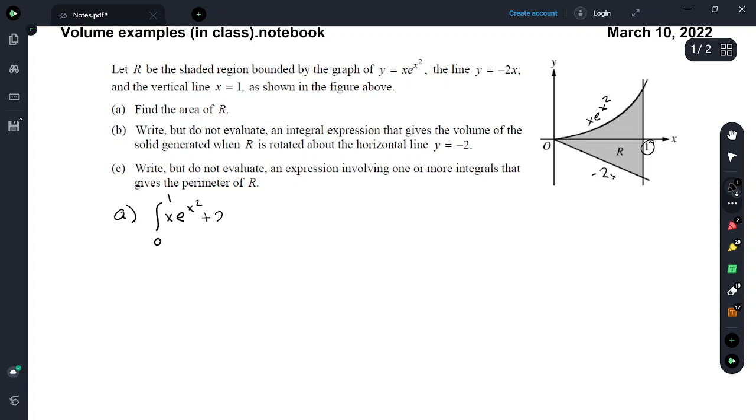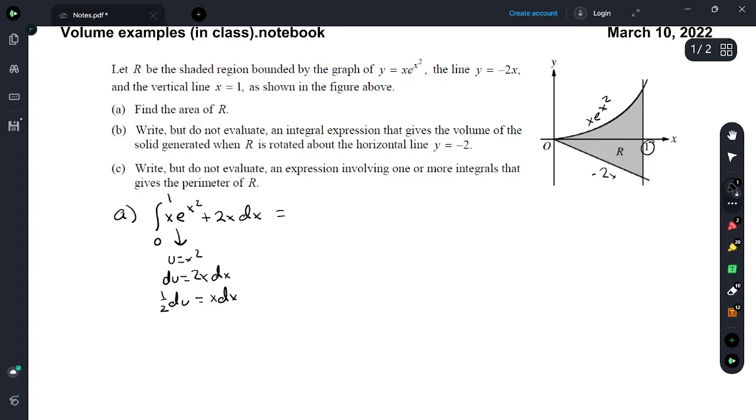So we're going to integrate from 0 to 1 of top, x e to the x squared, minus the bottom, so plus 2x dx. Now here, for this piece, we're going to let u equal x squared, so that du is 2x dx. 1/2 du is equal to x dx.